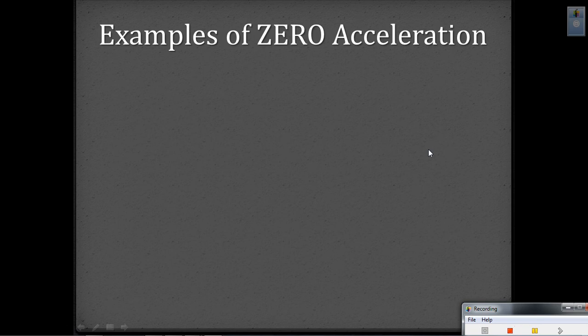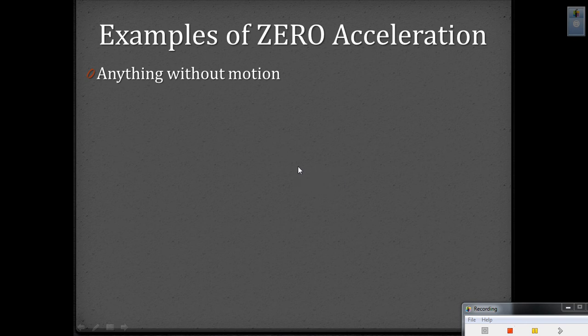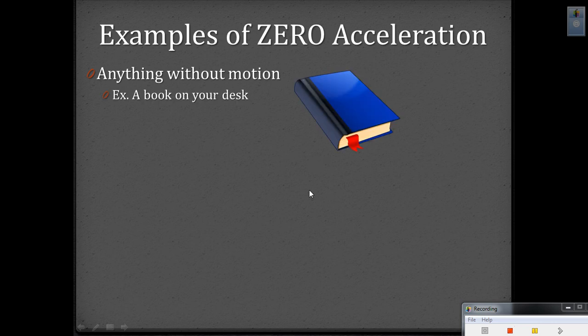And finally, we have examples where there is zero acceleration involved. The first one is when you have an object that is not moving, or without motion. If you have a book sitting on your desk, just sitting there, it has zero acceleration.